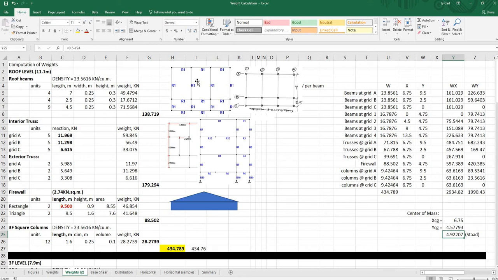Pero kay STAAD, ang kanyang figure nasa negative y-axis. Kaya, para kay STAAD, instead of 4.57, ima-minus natin sa 9.5. Or that is the y length of the building. So that is 9.5 minus 4.57.